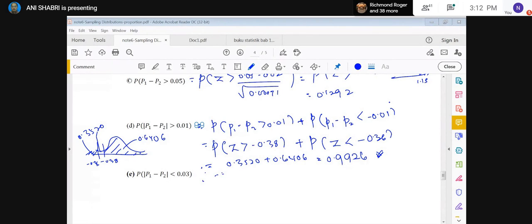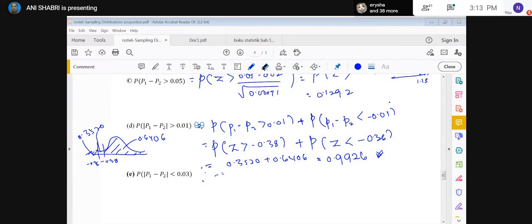Kenapa awak nilai 0.01 minus 0? Okay, apa ni salah, yang ini salah.